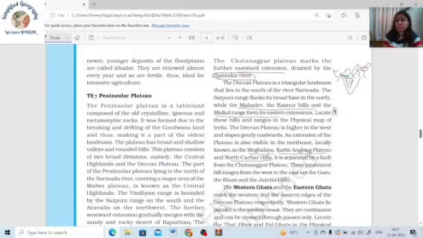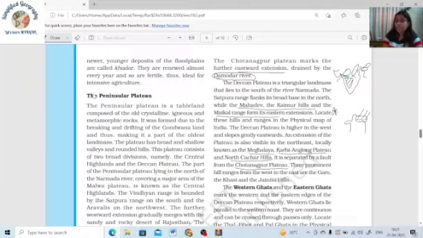It is separated by a fault from Chotanagpur Plateau, and three prominent hill ranges from the west to east are Garo, Khasi, Jaintia. If we see this particular location in big, you will find that this location is Meghalaya, covered with three parallel ranges, Garo, Khasi and Jaintia.